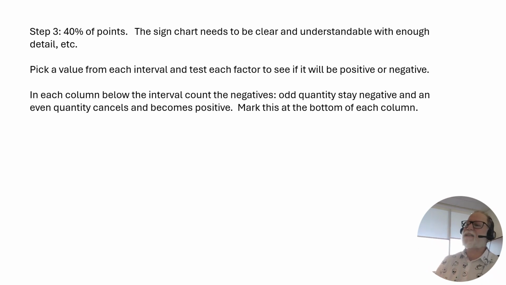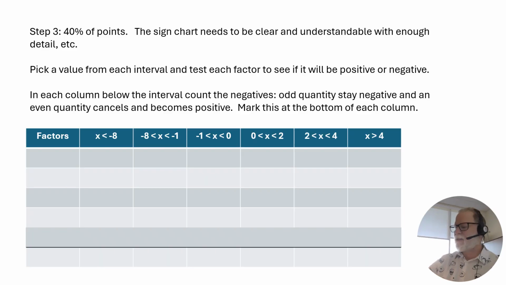The next step is where we start actually plugging the values in and determining whether that particular factor in that particular interval will be positive or negative. So I've got a fun little grid there.